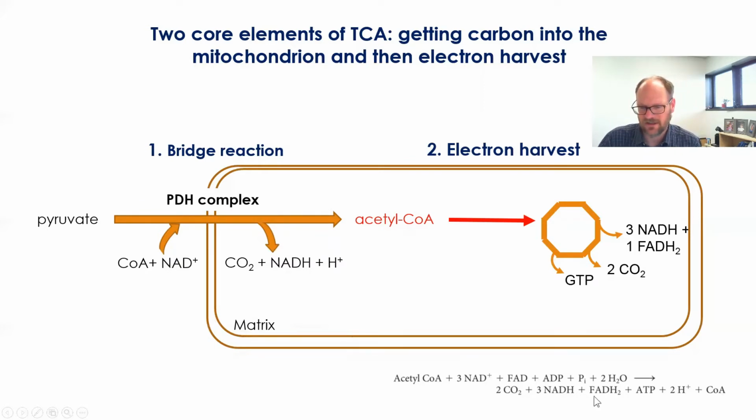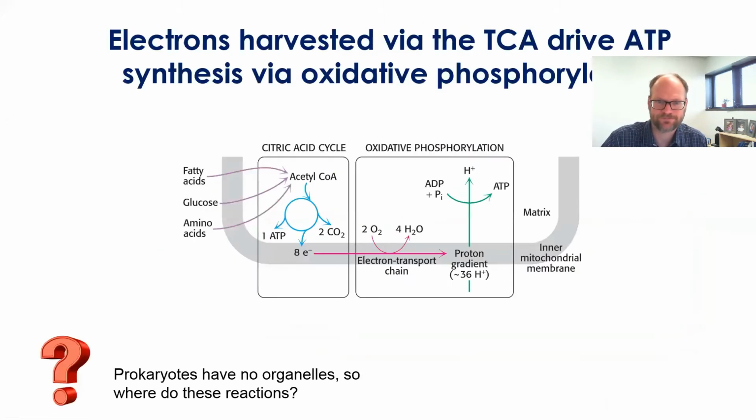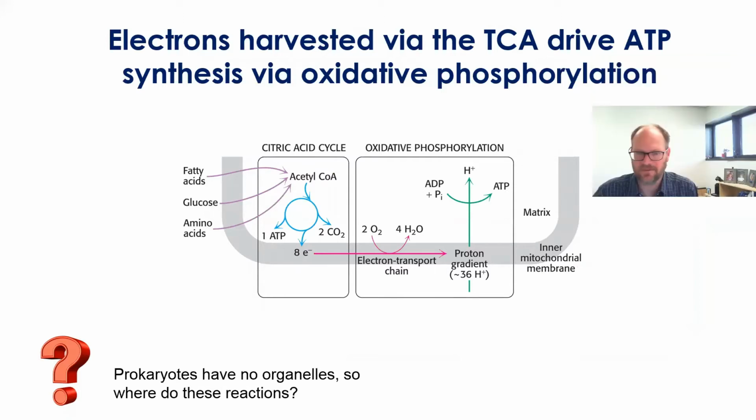Now, these obviously can get further converted; they can donate their hydrides along to the electron transport chain that can be used to drive ATP synthesis via oxidative phosphorylation. And that's these reactions that are shown right here.